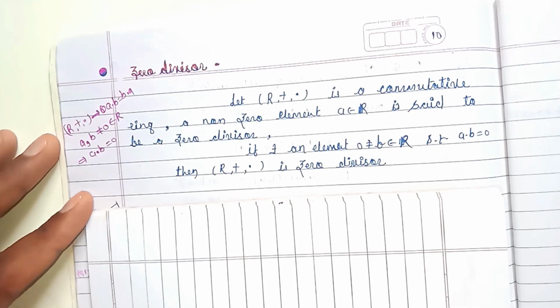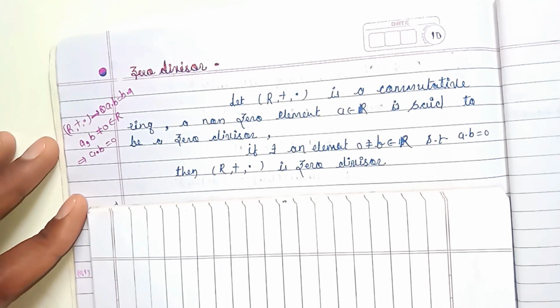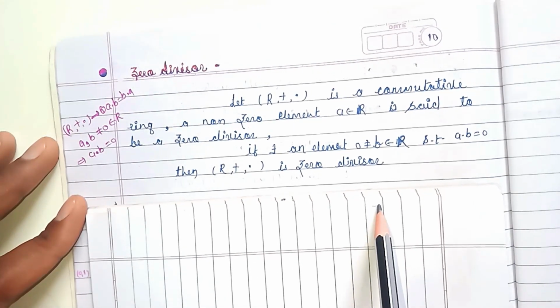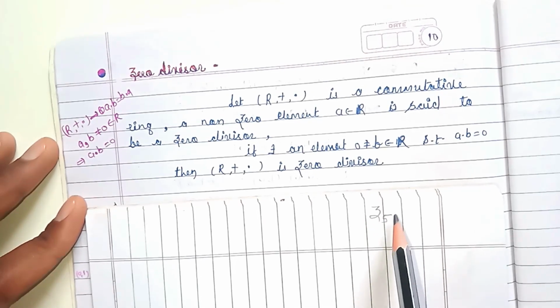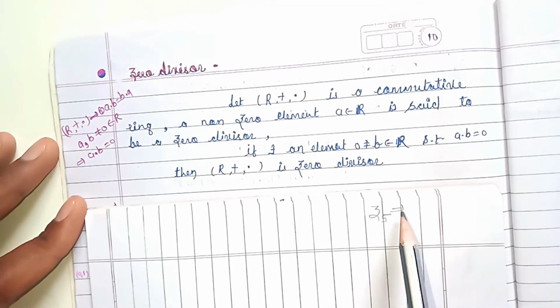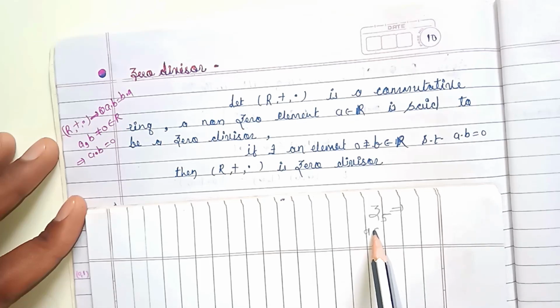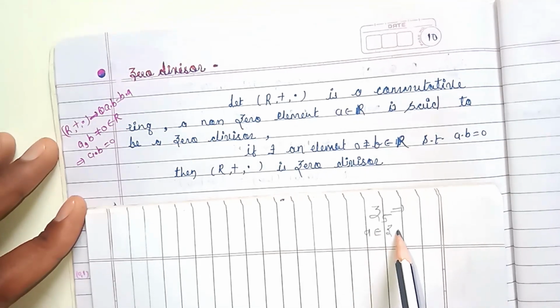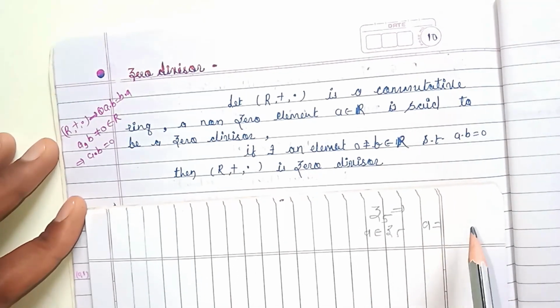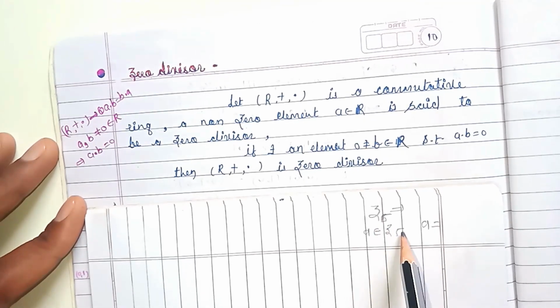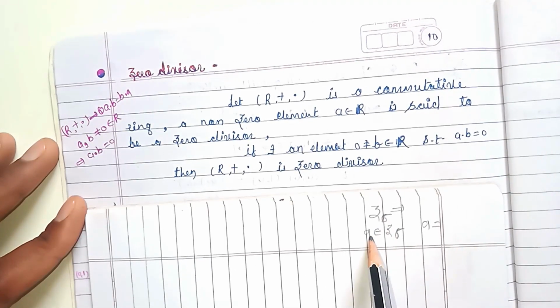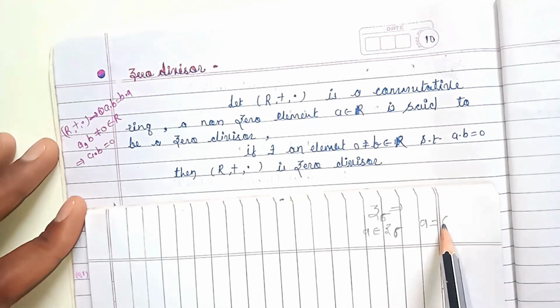Now let me explain with one example. Consider Z6 here, sorry, I first said Z5, but you may consider Z6. Take an element A from Z6, and I take A equal to 3.